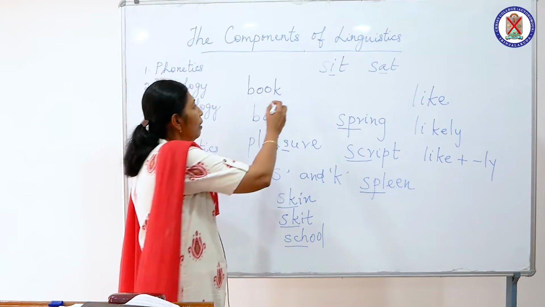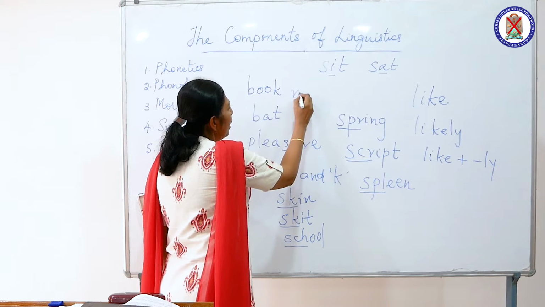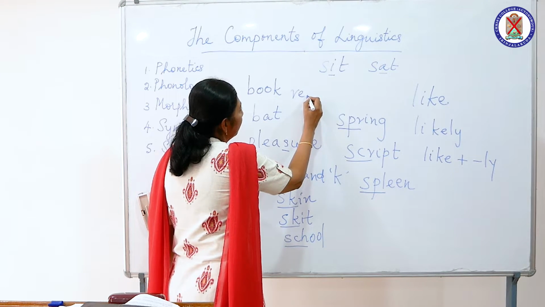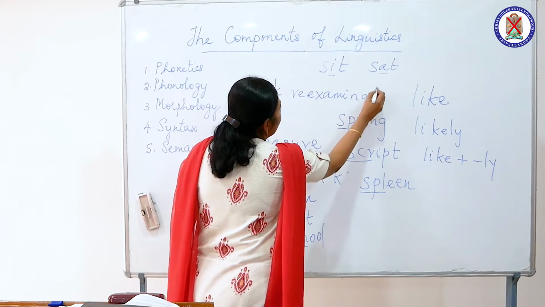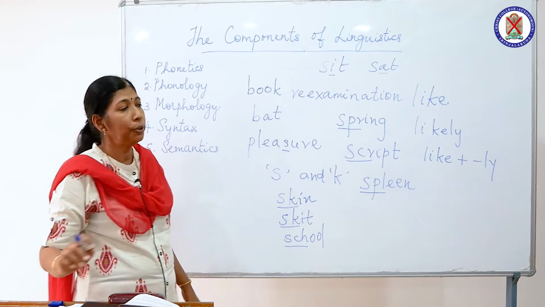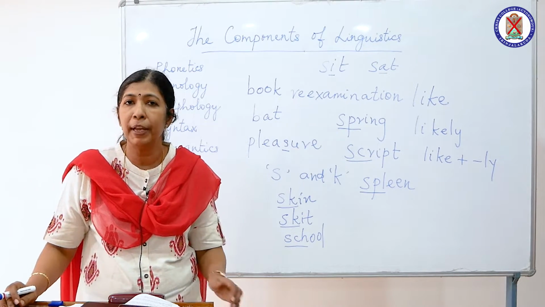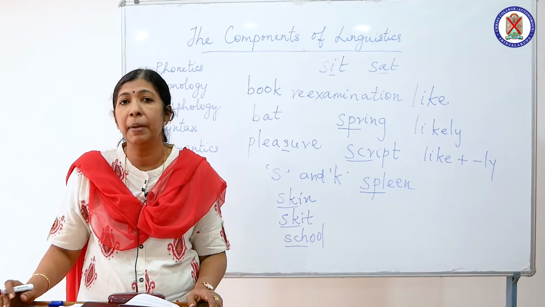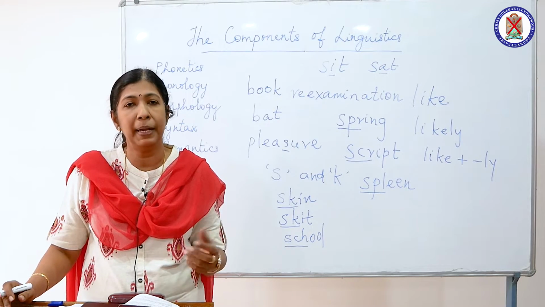If you take a word like re-examination, we can split it into three morphemes. The first morpheme, re, R-E, has the meaning to do again, to repeat.